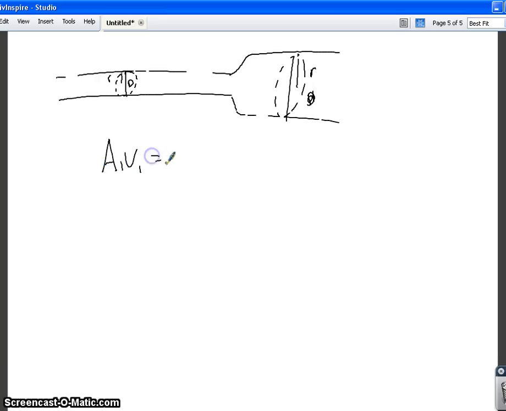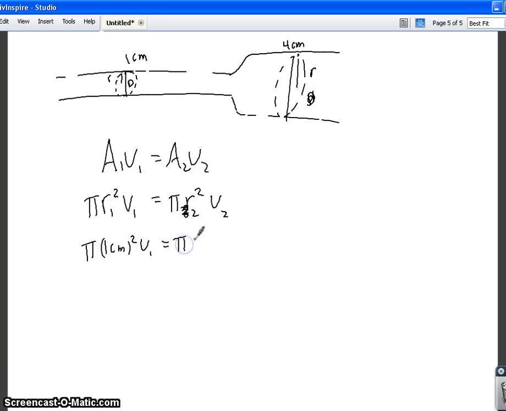So A1 V1 equals A2 V2. This is the same thing as pi r1 squared V1 equals pi r2 squared V2. Now let's say this radius right here is 1 centimeter, and this is 4 centimeters. So my radius here is 1 centimeter squared V1, and this is 4 centimeters squared V2.